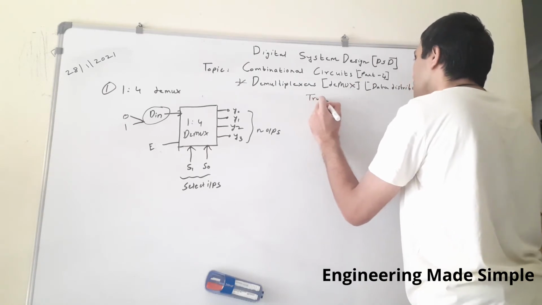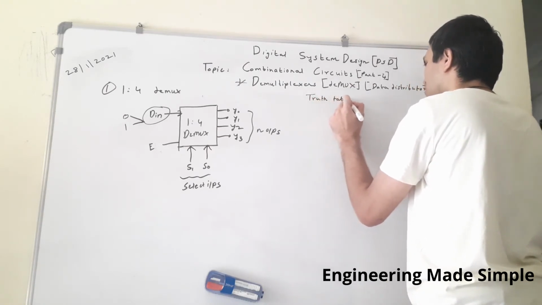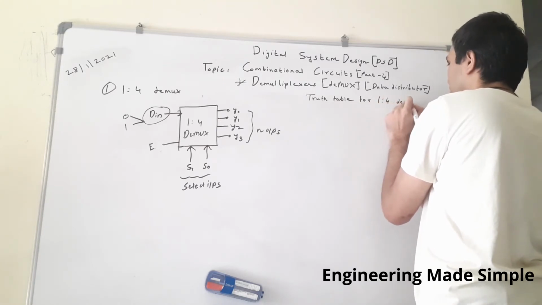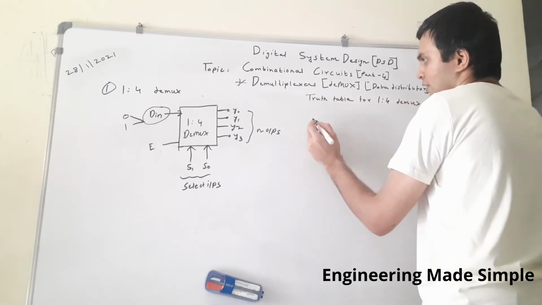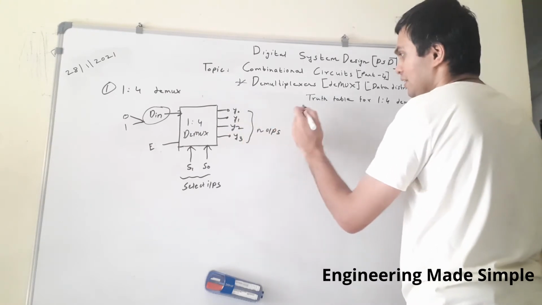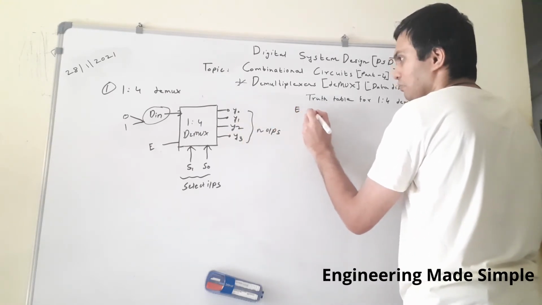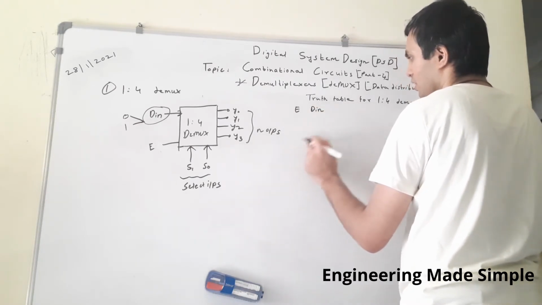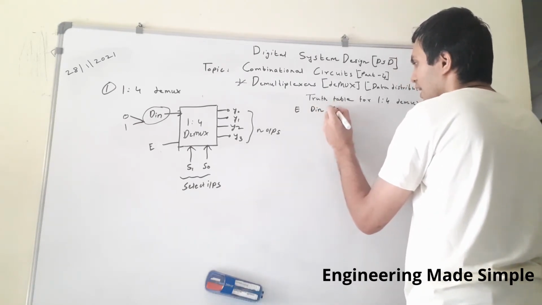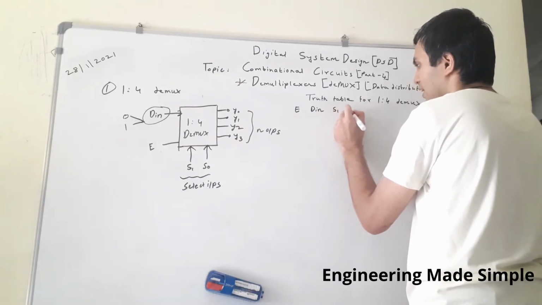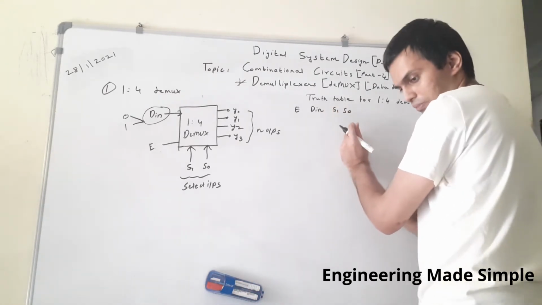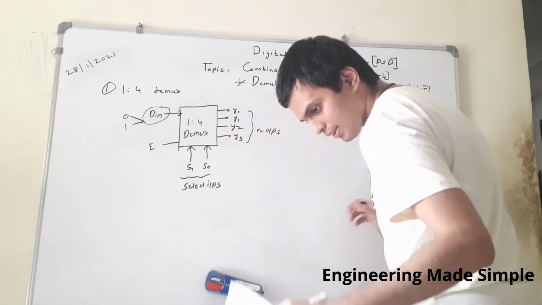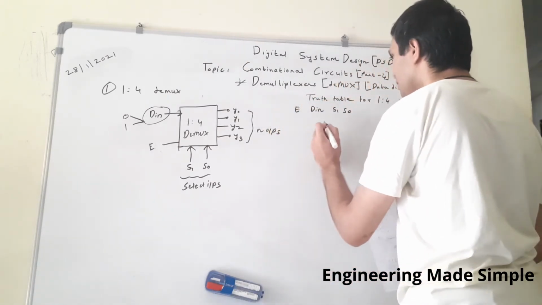Truth table for 1:4 DMUX. Now what are the inputs we are having? First one is the enable input. Second one is the data input. And the other inputs are S1 and S0, which are the select inputs. Now let us start writing it quickly. S1 S0.